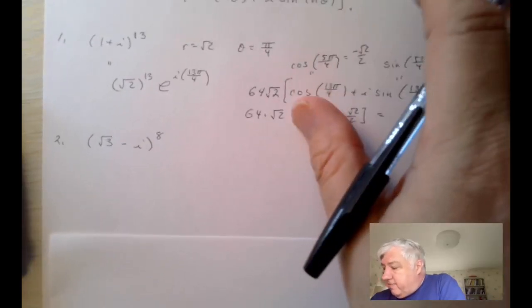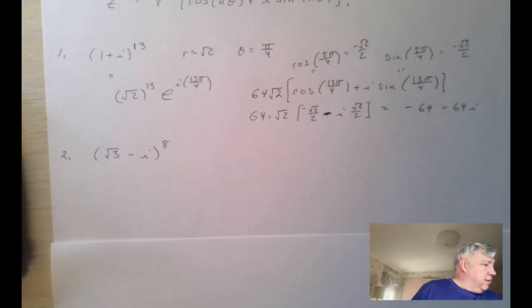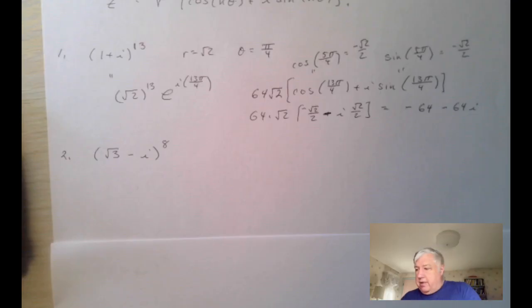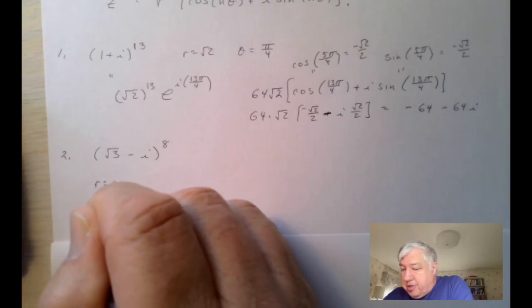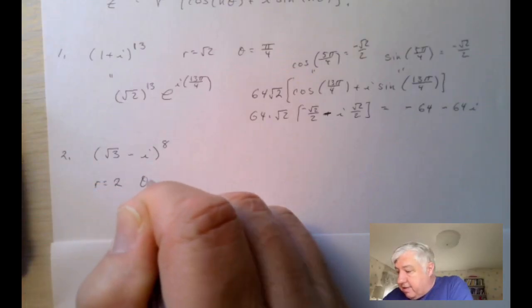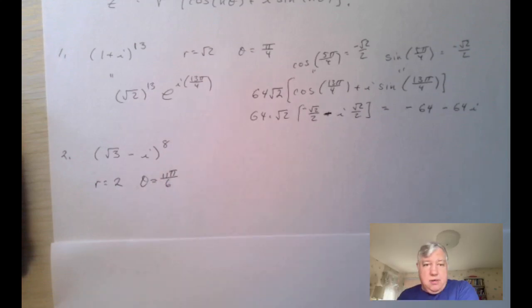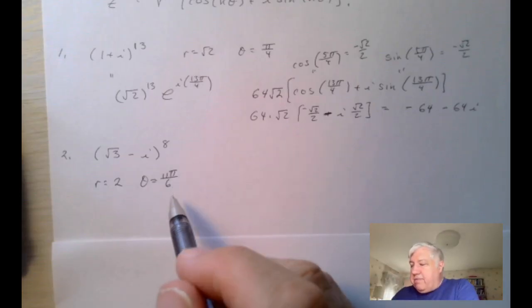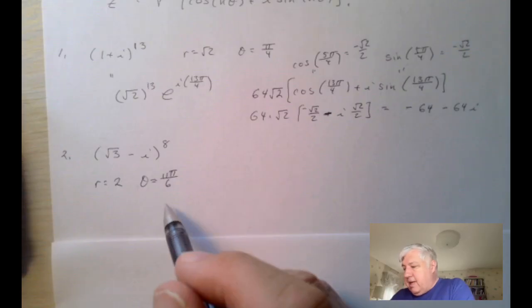Let's do one for, in this example, square root 3 minus I raised to the 8th power. And in this case, we can choose to see that r is going to be 2, and theta, we said, is 11 pi over 6. I think we did this on the previous video. Okay. 11 pi over 6. Now, at this point, it's going to be a little easier just to write this as negative pi over 6.